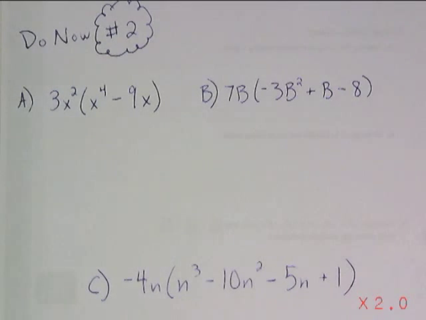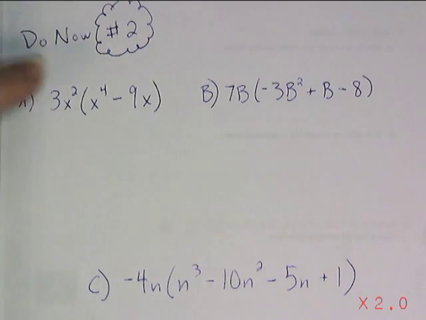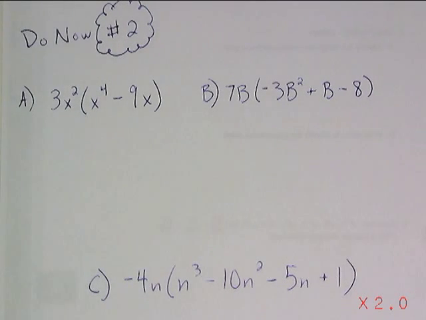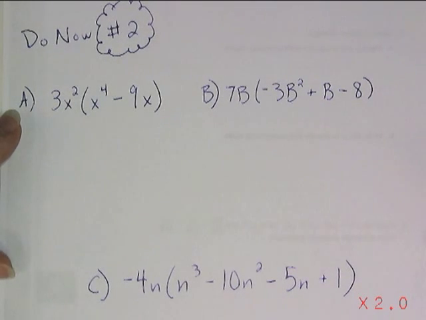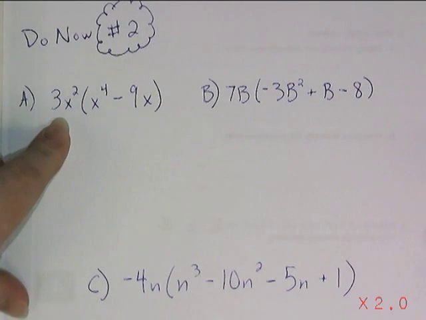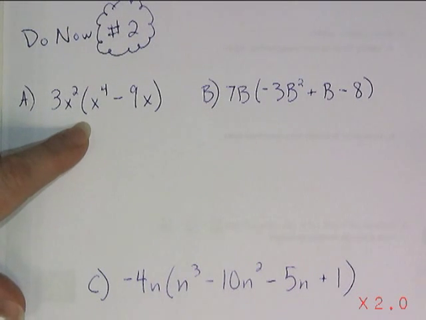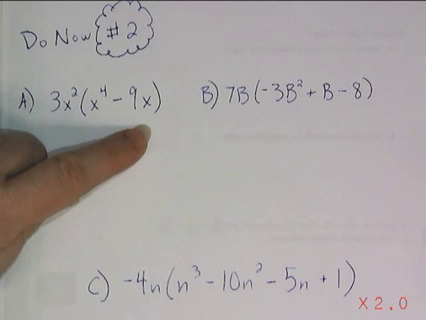Let's see how well you learn from the mistakes of others. On your paper, do now number 2, and draw a happy cloud around it. It should be a happy one because we're coming to the end of these notes. I've got 3 sample problems I want you to work out for yourself. Letter A, 3x squared times the quantity x to the 4th power minus 9x.